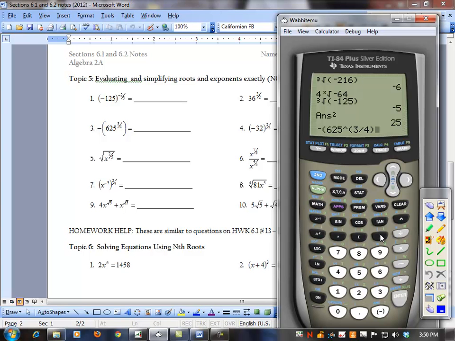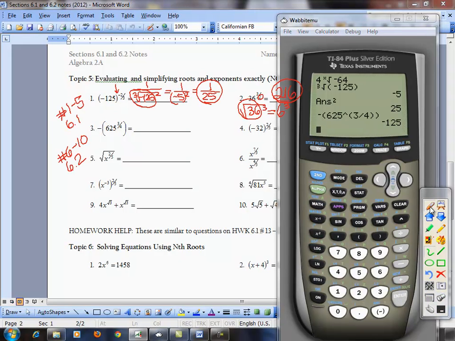Now that closes my exponent, but I got to close it one more time for my entire problem, and I press enter. Now you'll notice I get an answer then of negative 125. The only thing I caution you on is doing some of this will give you decimals, and sometimes your math fraction button won't work, so you might have to do the root first. But let's try one more.